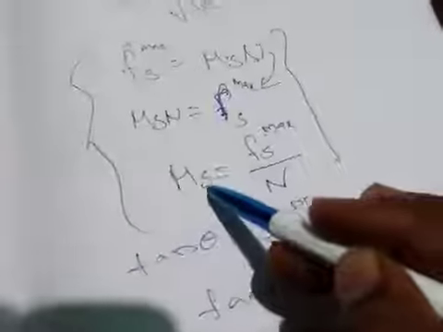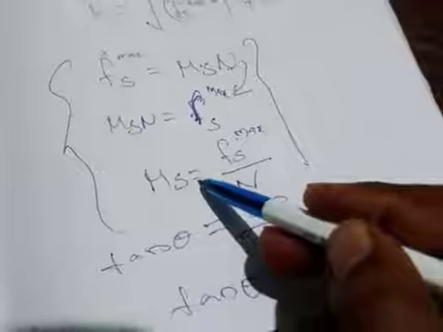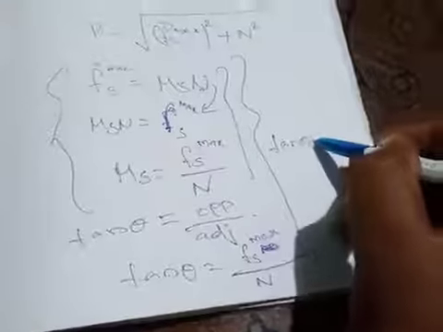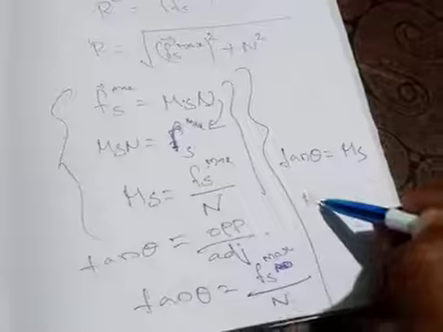Adjacent side is n. So what is this Fs maximum by n? It is equal to mu S. So that you can write tan theta is equal to mu S, because Fs maximum by n means it is equal to mu S. So we got the coefficient of static friction, mu S is equal to tan theta.